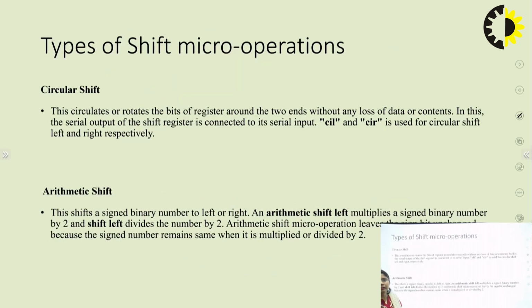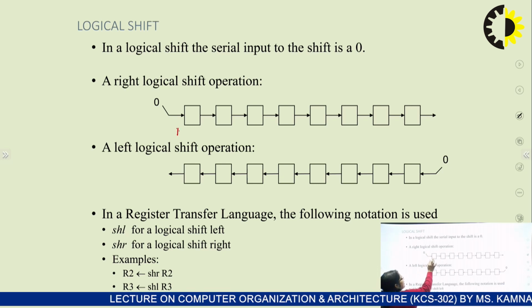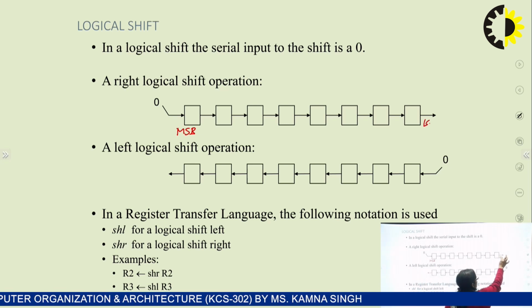Next are the types of shift micro operation, that is the circular shift and the arithmetic shift. Now, one by one, the first one is the example of the right logical and the left logical shift operation. In the right logical shift, 0 is inserted at the MSB side and the last bit will be lost.